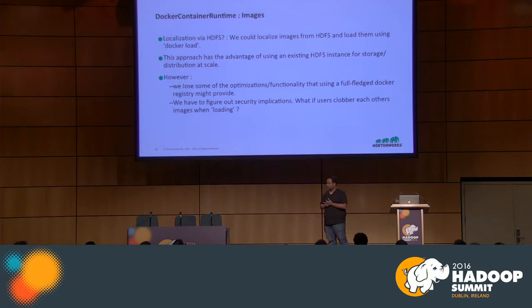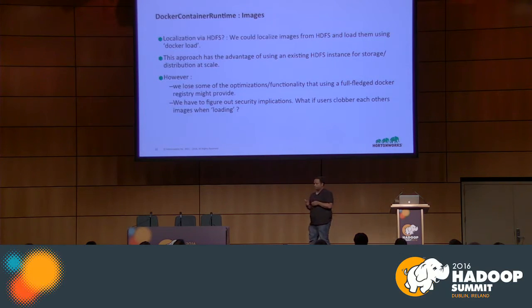The other approach that we could possibly use here is to integrate directly with the localization mechanism that Yarn has. What localization does is that before a container or an application process actually starts up, Yarn can download artifacts from a central location, usually HDFS. And once it does that, it then launches the application process.